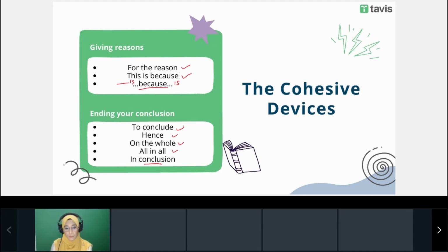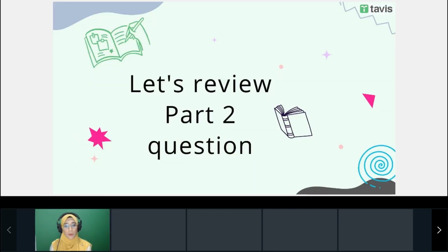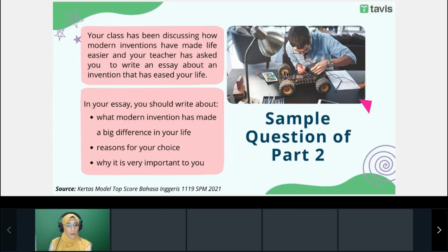Now let's see the question for your part 2. So here you have a question given on your part 2. Now, most of the topics will be something to do with current issues. Like what we have right now, we're talking about modern inventions, technology, online stuff like online class, online games, online shopping.